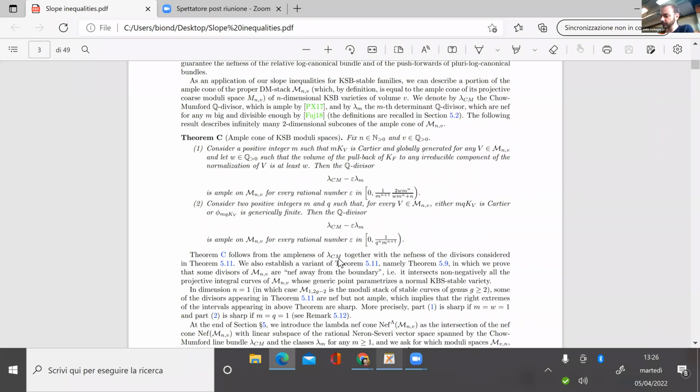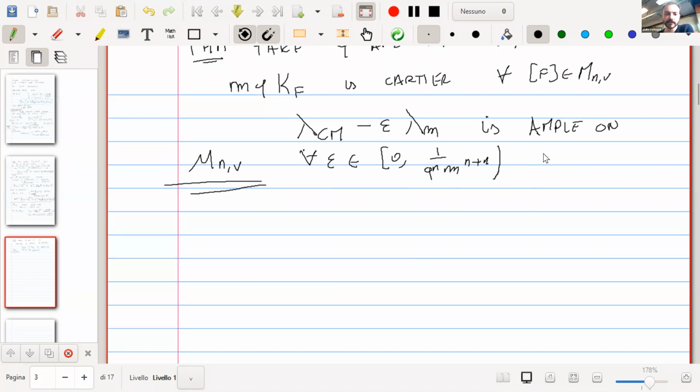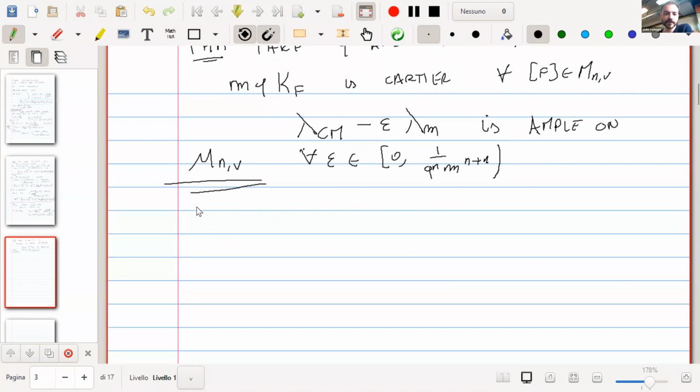So the question is, of course, how sharp are these results? Before telling you the precise question, I will define, maybe we introduce this notion, which is not very crucial, but somehow it's fun. The lambda Néron-Severi group of your moduli space is the span of lambda_CM and lambda_m for every m.